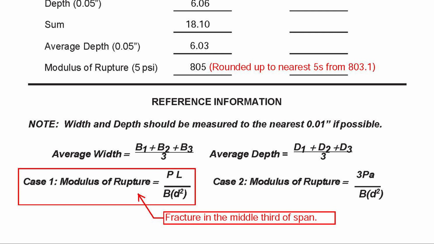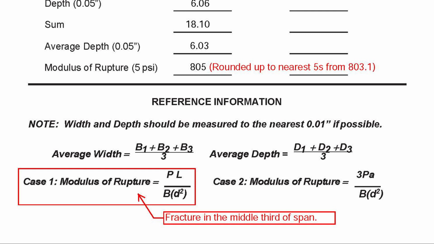That situation is actually fairly rare, so we didn't highlight it here, but should you come across it, refer to your textbook, which has an excellent explanation on how to measure that A value and come up with your modulus of rupture value.